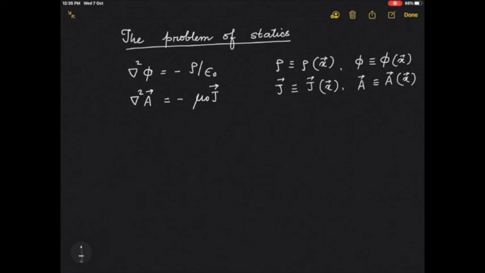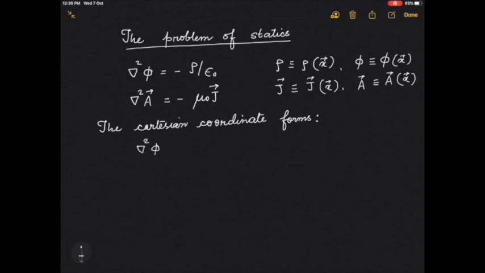And same for A. If I want to look at the Cartesian components of this equation, then what do I get? I get grad square phi equals rho by epsilon naught.